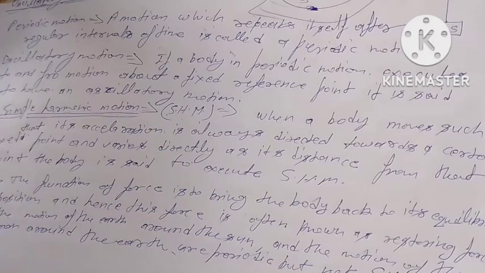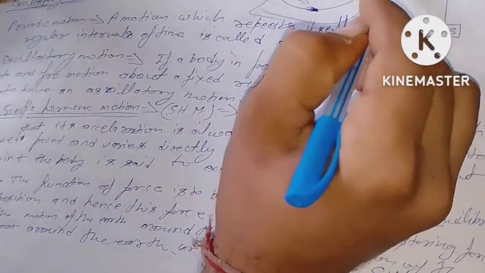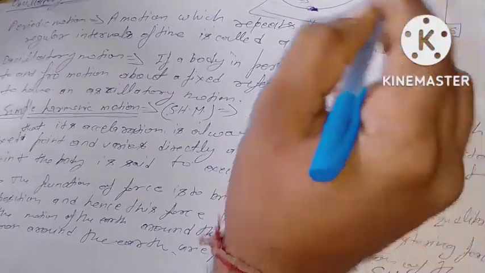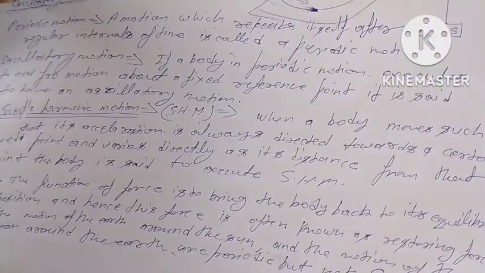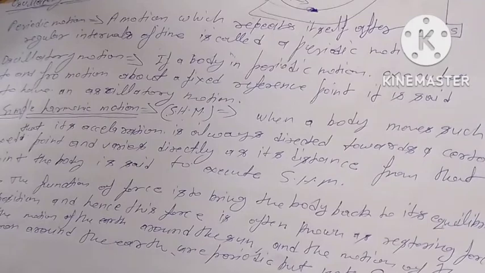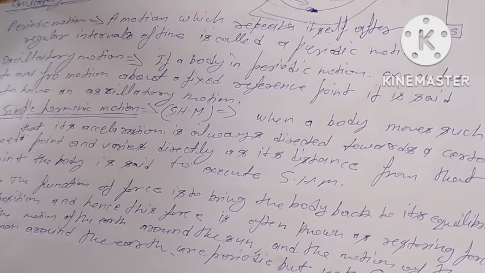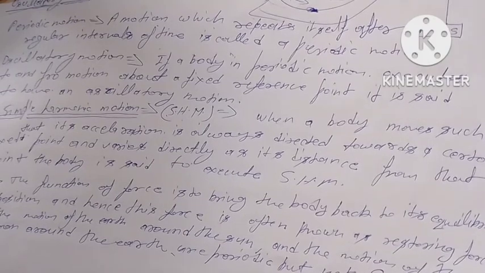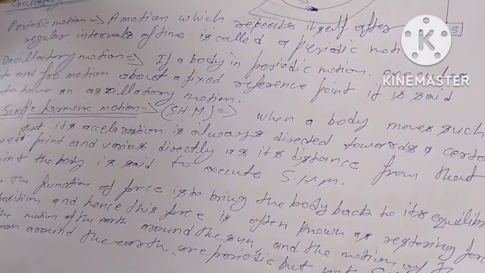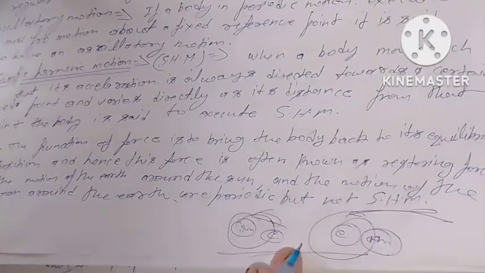But the earth moves around the sun, and the moon moves around the earth. Both are periodic motions, but not simple harmonic motion.